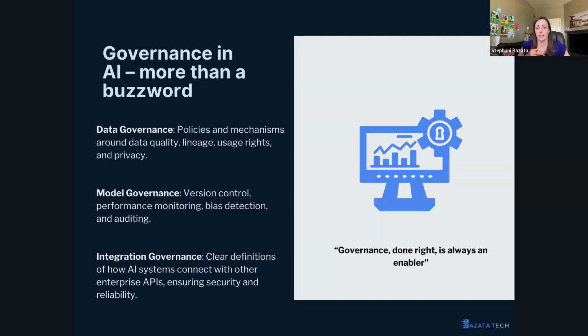Governance, whether you're talking about data governance, model governance, API governance, it boils down to finding the patterns and the key constraints that need to be consistent in order to scale safely and securely. So say that again. We need to identify the places where consistency and visibility is going to enable us to scale faster.